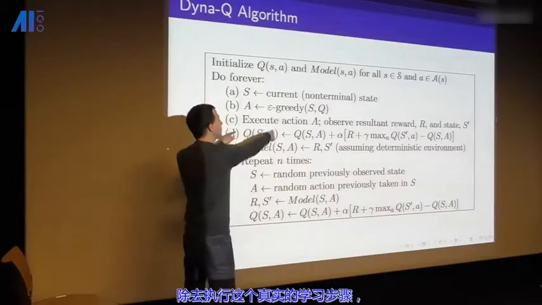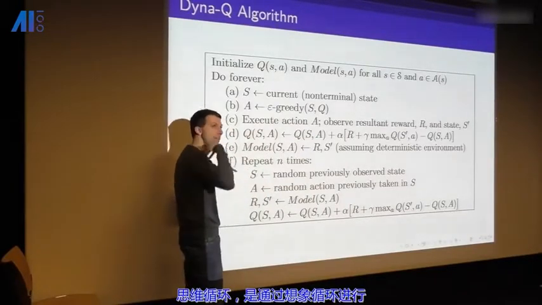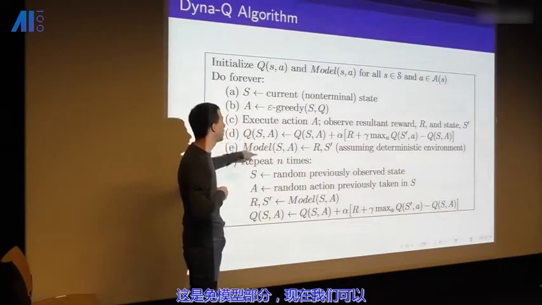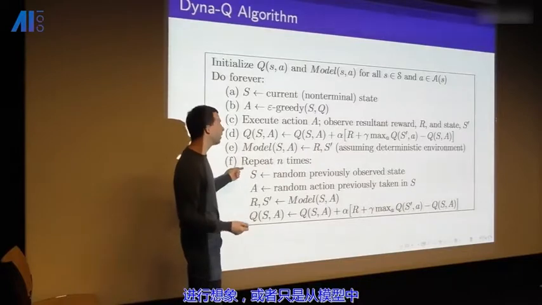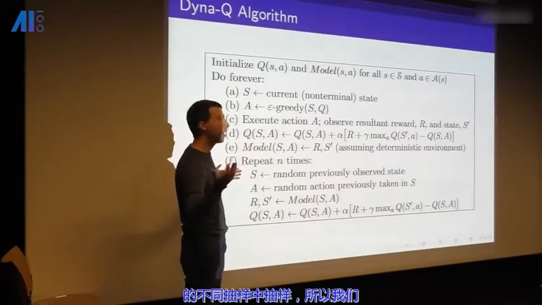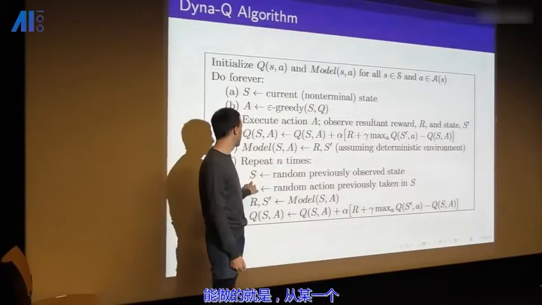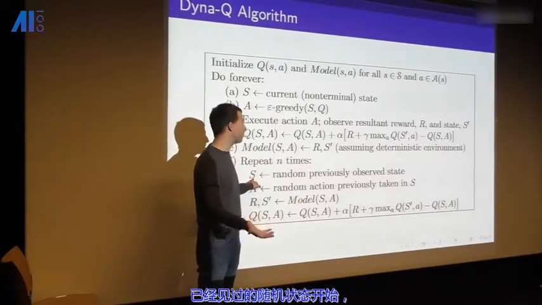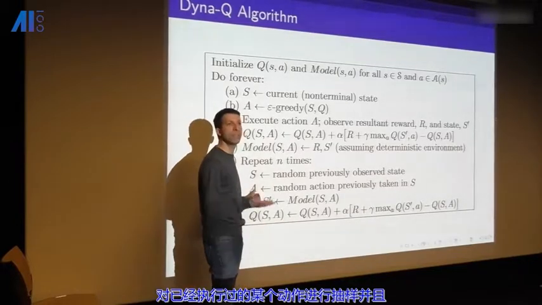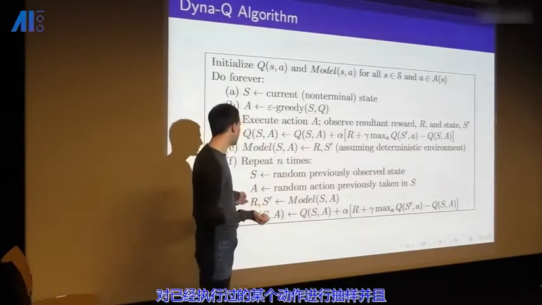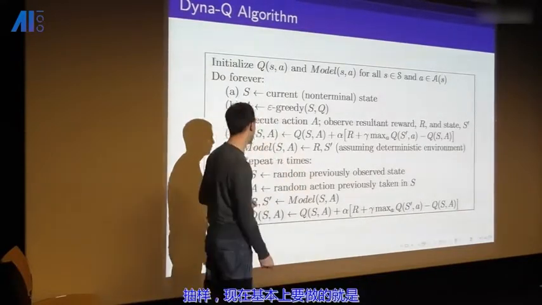And then in addition to this real step of learning, we have this inner loop. This is the thinking loop. This is the learning from imagination loop. This was our model part. But now we can just imagine things, or we just sample n different samples from our model. So we can start with some random state that we've already seen, sample some action that we've taken, and just sample this from our memory-based model.